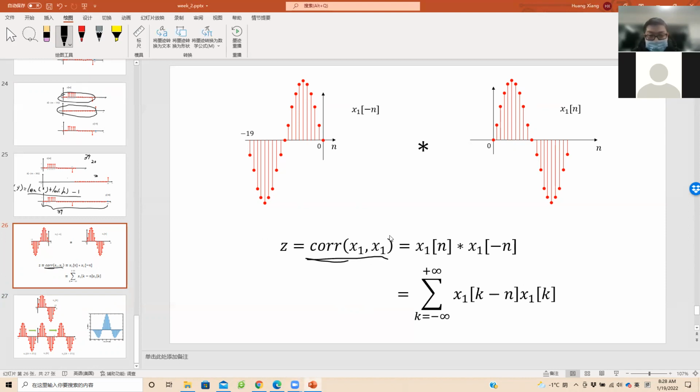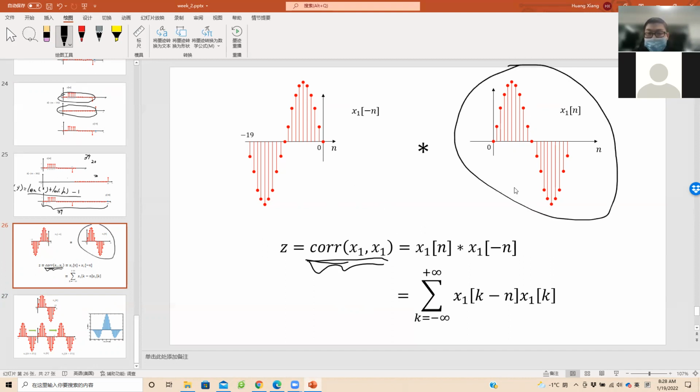This is the autocorrelation of x1. x1 is defined this way, and x1 of minus n is the reflection of x1 of n.